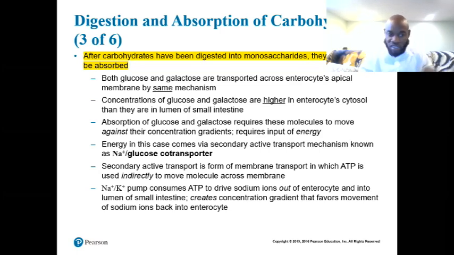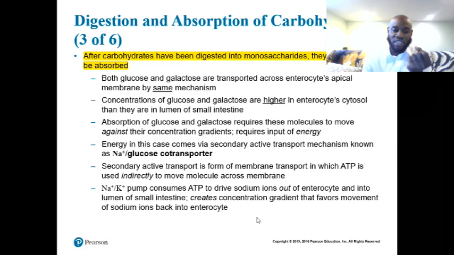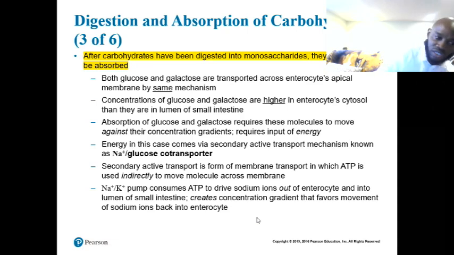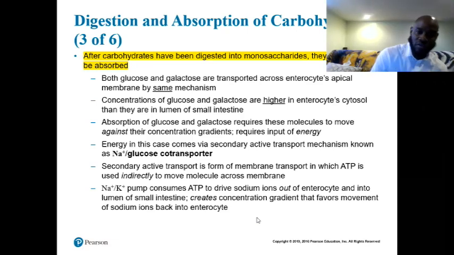Remember, glucose is a 6 carbon sugar, a single chain, the monosaccharide. After we've broken it down, it is ready to be absorbed. So now they're small. When we eat carbohydrates, they're big long chains, polysaccharides. Now we've broken them down into monosaccharides, much smaller chains.